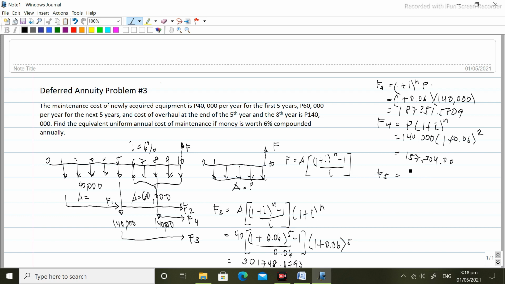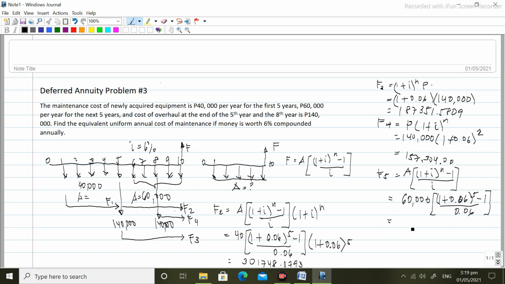So meron tayong annuity na formula, 1 plus I raised to N minus 1 divided by I. So meron tayong annuity na 60,000 doon sa last 5 years. And then 1 plus 6%, the same interest rate, raised to 5 years, minus 1 divided by interest rate na 0.06.